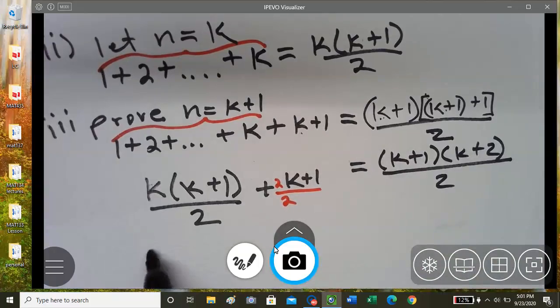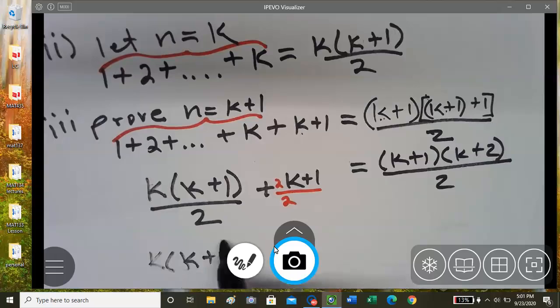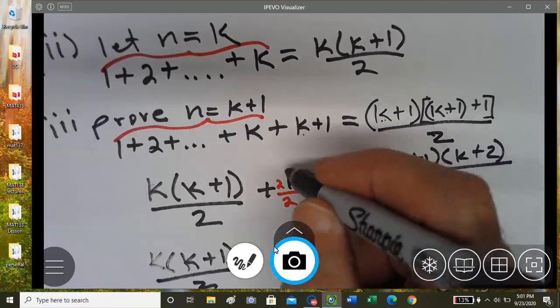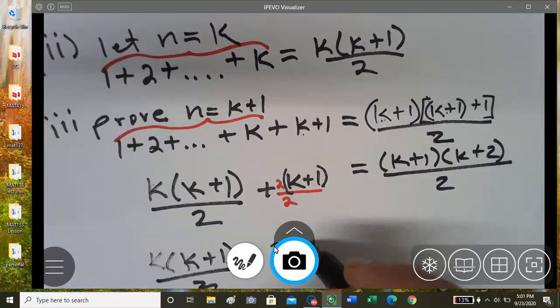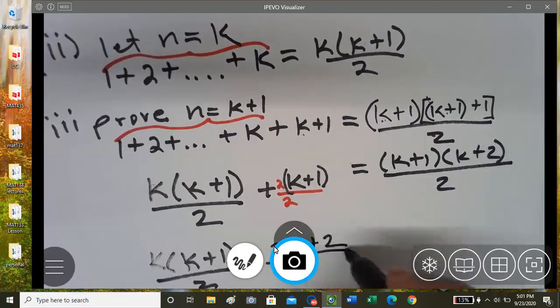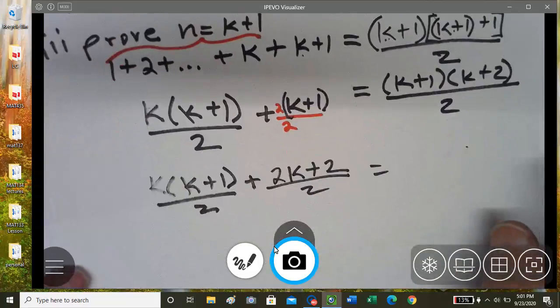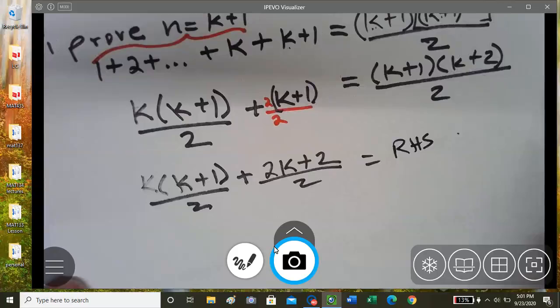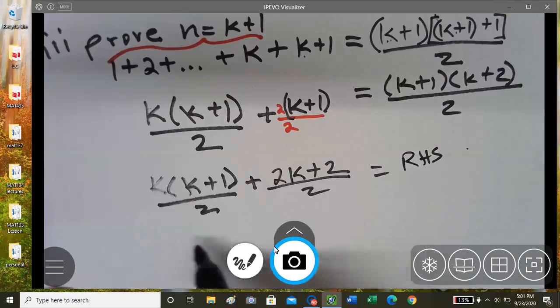So that's going to be k times k plus 1 over 2 plus, and this is in parentheses, so this will be 2k plus 2 over 2. And we're saying that equals the right side. So we'll just put RHS for right hand side. That's this. Okay, so now we combine it.